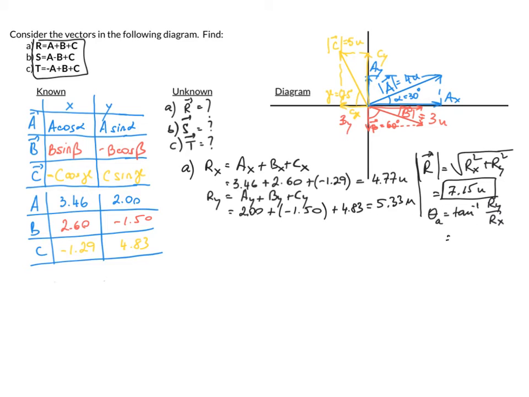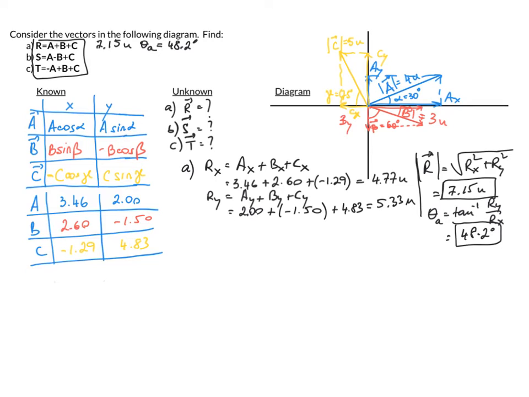When I plug in the numbers for theta sub A, I end up with 48.2 degrees. So I will write these things up here where I was looking for them. So R is 7.15 units. Theta sub A is 48.2 degrees.